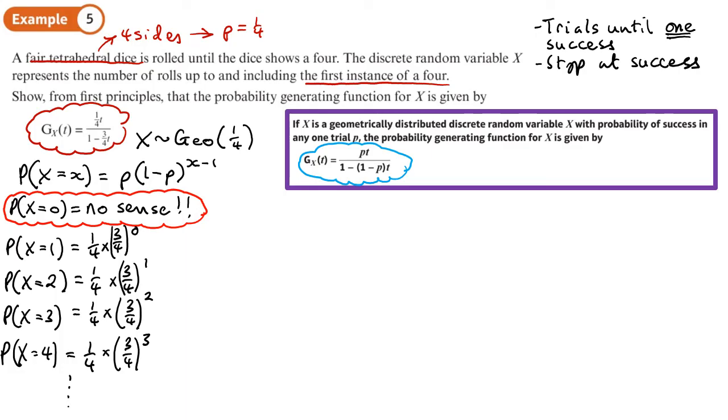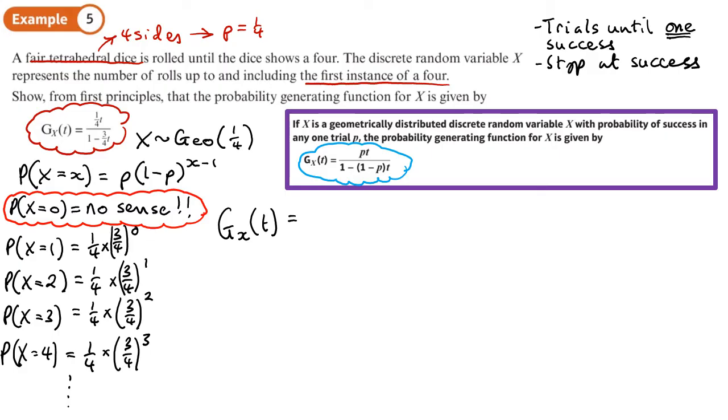Now this should be enough to help me get my probability generating function. So let's write this down. We're going to take each one of these values and put them in front of t, as the coefficients of t to the power 0, t to the power 1, and so on. Because there was no x equals 0, there's nothing to go in front of t to the power 0, so there's no number there.